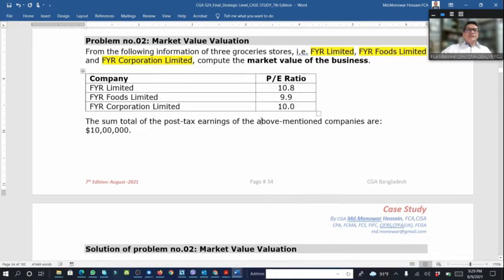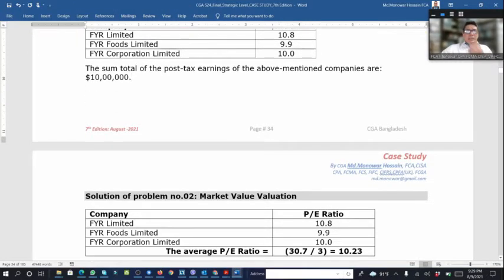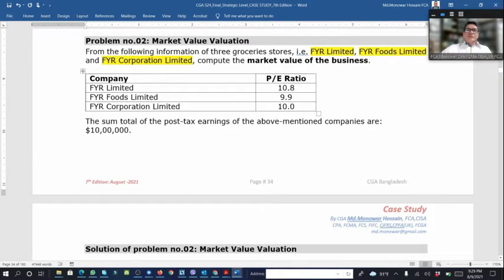Look here, the P/E ratio, price earning ratio, of FY Limited is 10.8, FY Food Limited is 9.9, and FY Corporation Limited is 10. The sum total of the post-tax earnings of the above-mentioned companies is 10 lakh. So the three companies' earnings after tax are 10 lakh.